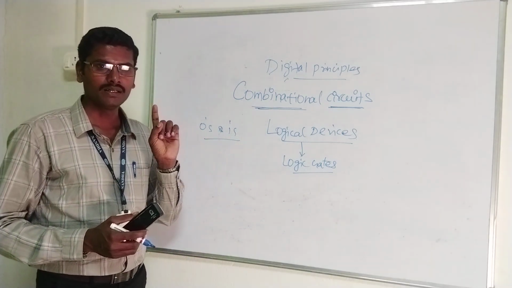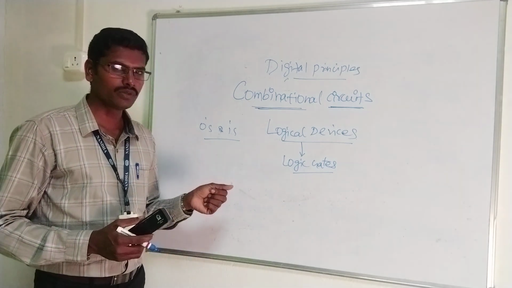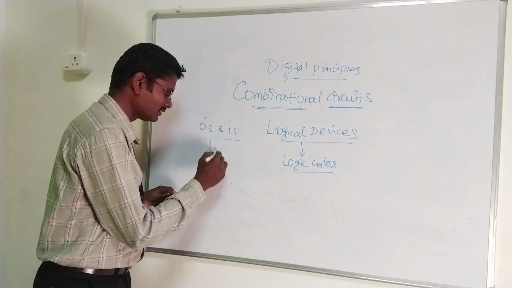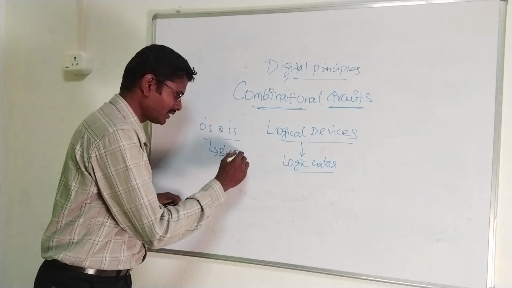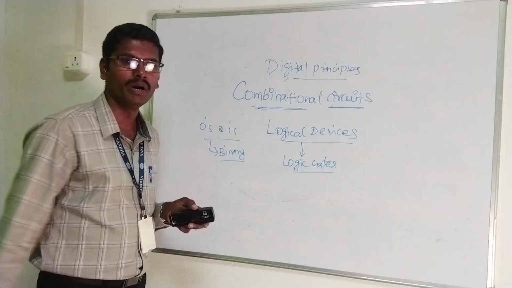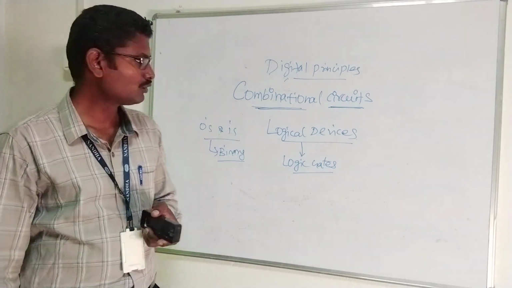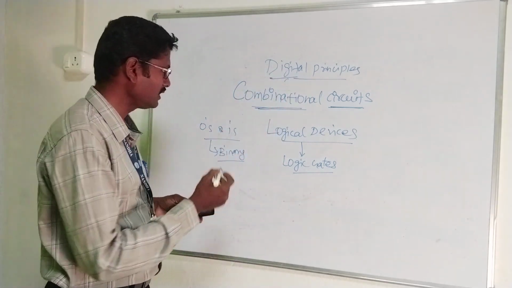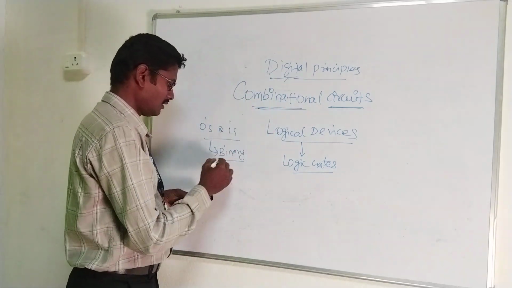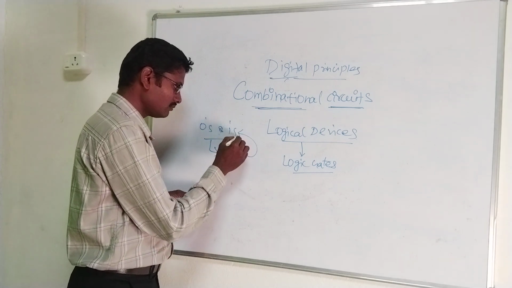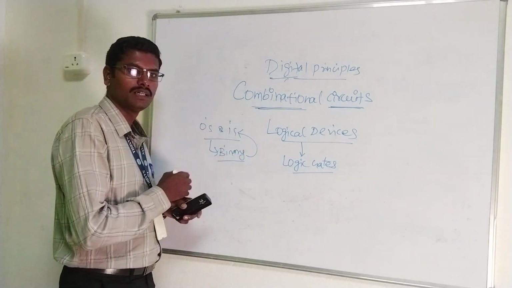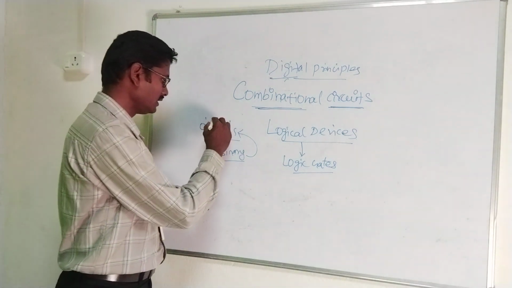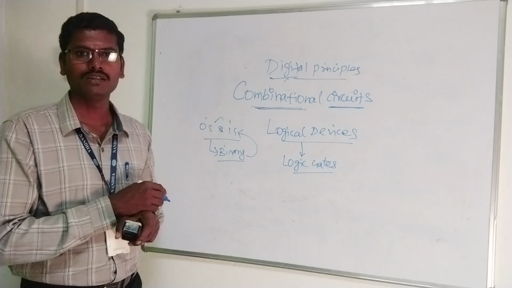Means the input and output variables are always represented by binary values. Digital means zeros and ones. Similarly, the logic gates always use the input and output in terms of zeros and ones.